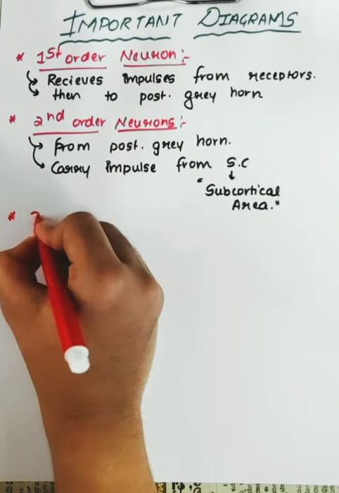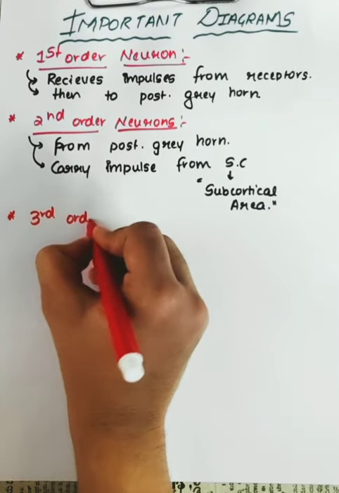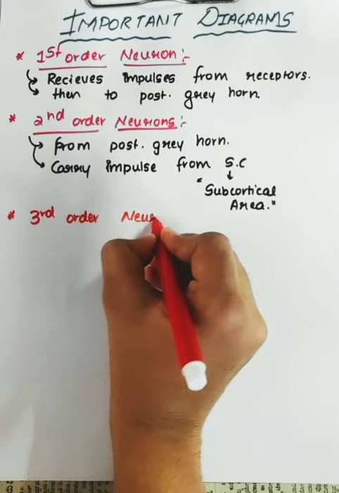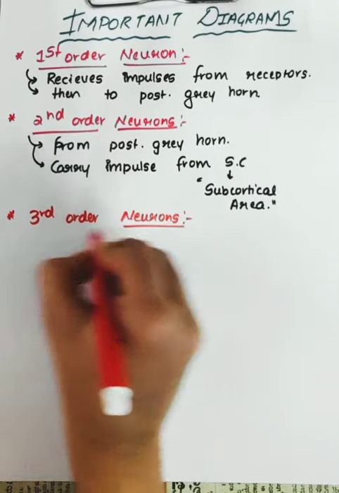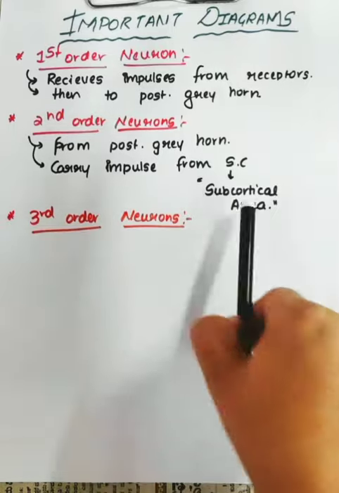Now we'll see the third order neurons. The third order neurons are present in the subcortical area.